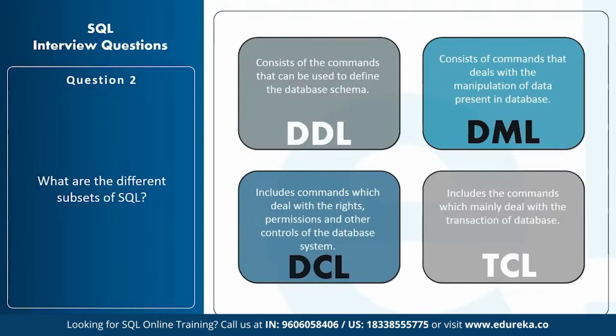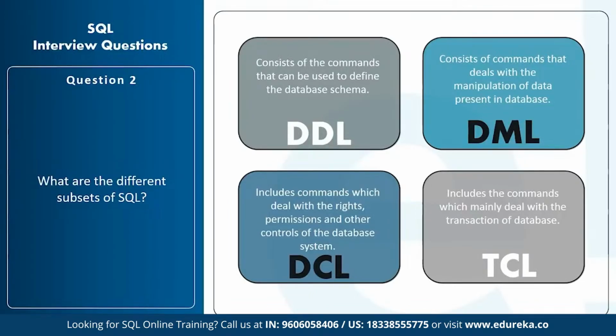Coming to the data control language, it includes the commands which deal with the write permissions and other controls of the database systems. For example, you work for an enterprise and the enterprise has a database. Obviously, all the employees will not have access to the database, right? So the data control language mainly deals with how you give users permissions to access the database. Now, coming to the last type of language, the transaction control language.